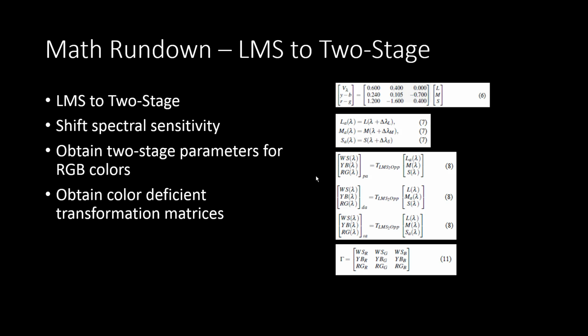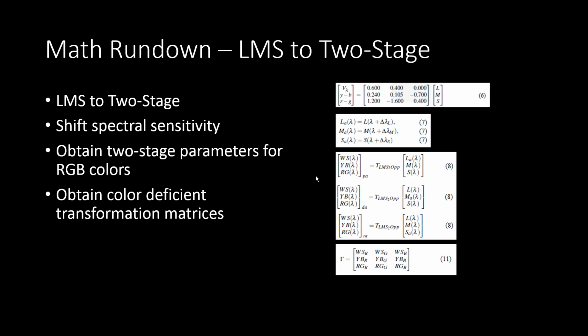The second thing you do is go from LMS to two-stage. You have to shift the spectral sensitivity, obtain two-stage parameters for RGB colors, and obtain a color-deficient transformation matrix. Here in the top image, you can see the LMS being transformed into the two-stage model. The second image shows what happens when you have a certain color deficiency.